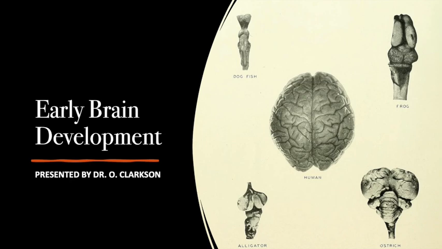So here are the structures as they develop in embryogenesis. At the onset, in early gestation, you're going to have a cane-shaped structure, right? Where you have the prosencephalon, which eventually turns into the forebrain, and then the mesencephalon connecting to the rhombencephalon, and all the way down to the spinal cord.